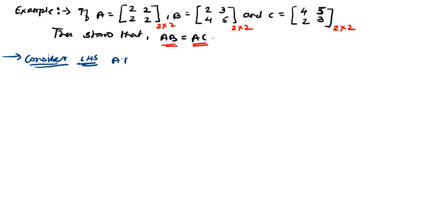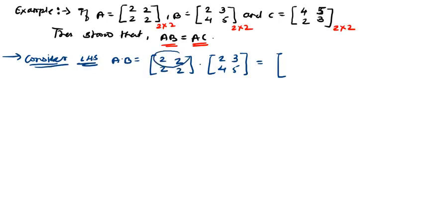Which is A into B. Put matrix A, which is 2 4, 2 4, and matrix B, which is 2 3, 4 5. Take this multiplication. This will be first row first column: 2 into 2 is 4, plus 4 into 2 is 8. Then first row second column: 2 into 3 is 6, plus 10.